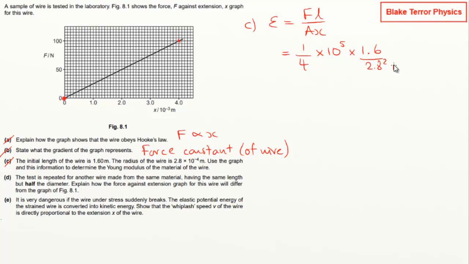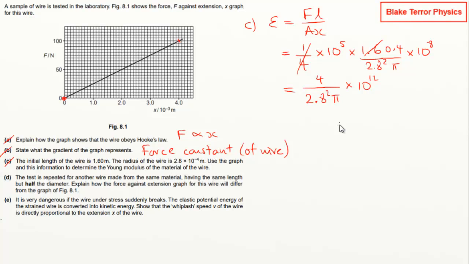We'll have to have a pi in there as well to get the circular area, and then we're going to have a times 10 to the 8. So we've got a 10 to the 13, and then we've got all these bits and bobs kicking around. So we can get rid of that quarter and make that a 0.4. So all in all, we've got 4 divided by 2.8 squared times pi times 10 to the 12.